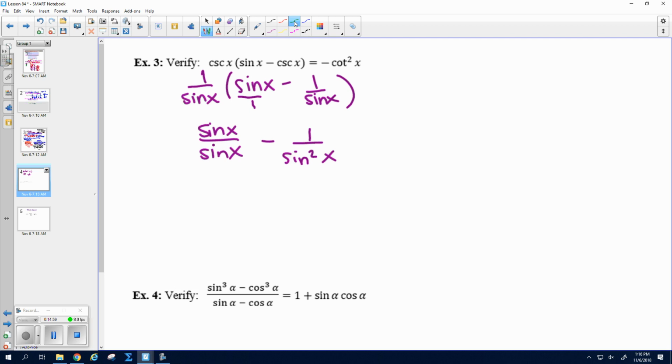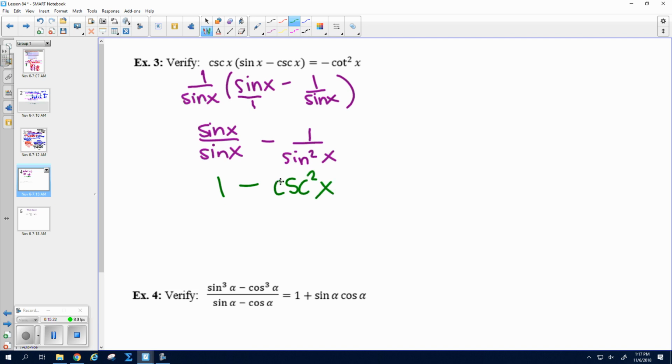And Harrison, what should I do next? Ooh, I bet that would work. We probably could do that. Or we could make this 1 minus cosecant squared x. That's how my brain sees it, okay?